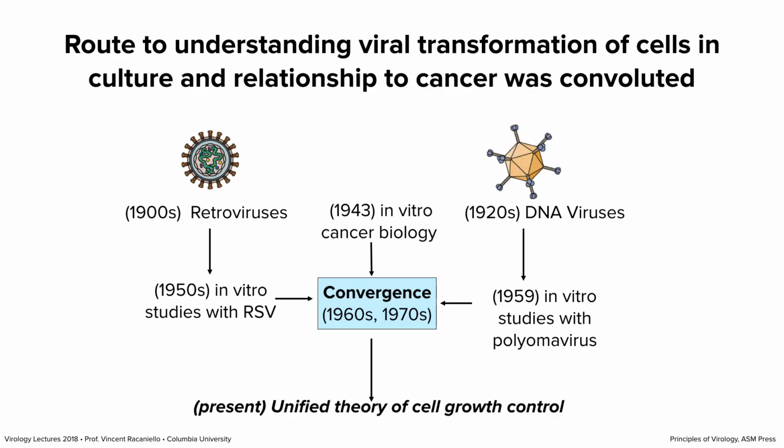In vitro studies with Rous led to a convergence with in vitro cancer biology, so people, non-virologists, trying to understand how cancer arose, and the DNA tumor viruses converged with this as well. And in the end, you'll see we understood how cell growth control was regulated by studies of these viruses.